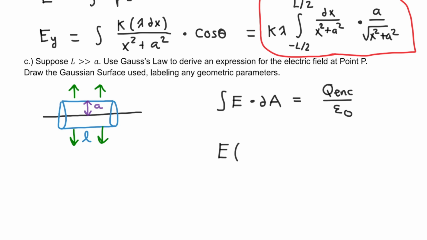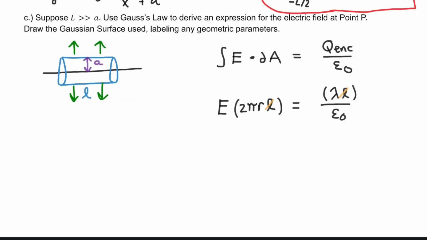So it's E times the surface area of the barrel of the cylinder, which would be 2 pi r, because that's the disk of the cylinder, and that disk is extended a distance L. So that's why we get 2 pi rL for our surface area. And then for our enclosed charge, we have lambda as our charge per length, and our length was L. So as advertised, this magic length that we just made up to solve the problem definitely canceled, and that's a sign that we're at least doing something right.